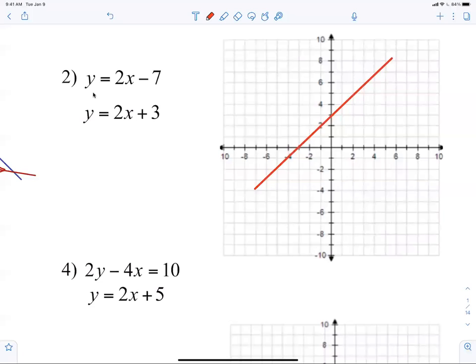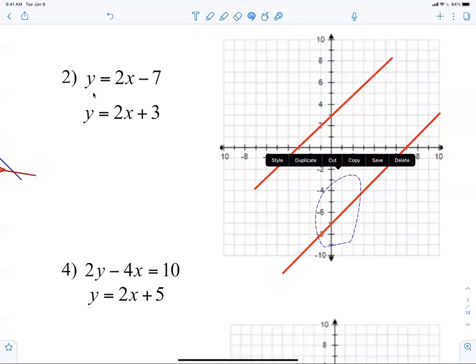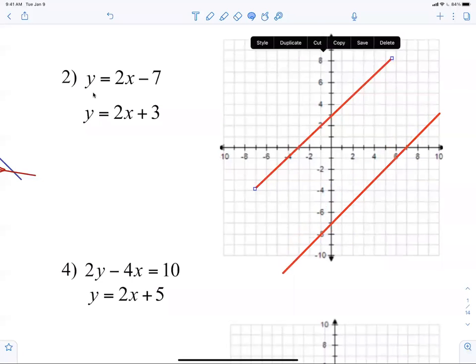That's parallel. And then this is parallel. All right, sketch that in there. All right. Up to over 1 from the y-intercept.